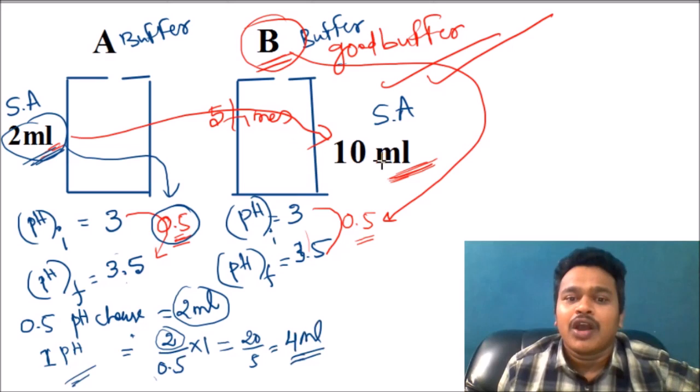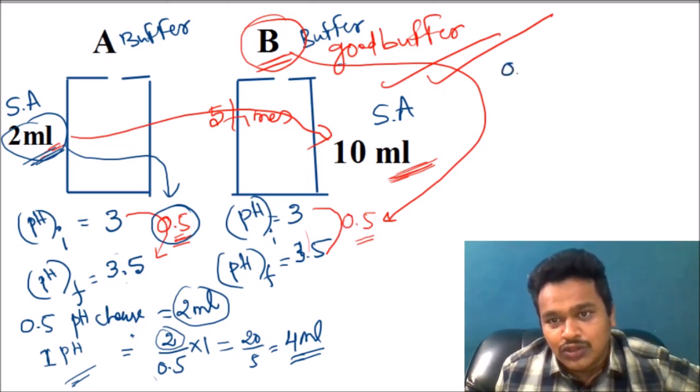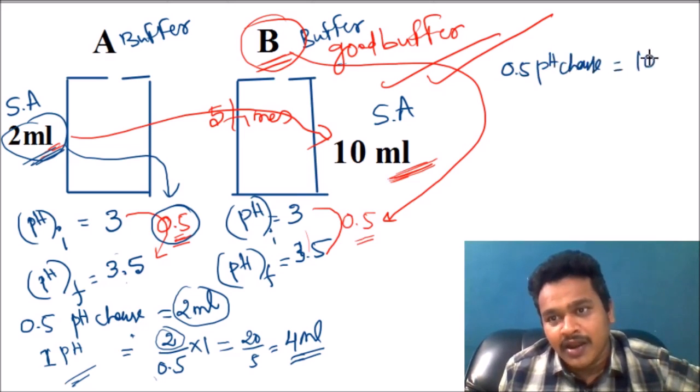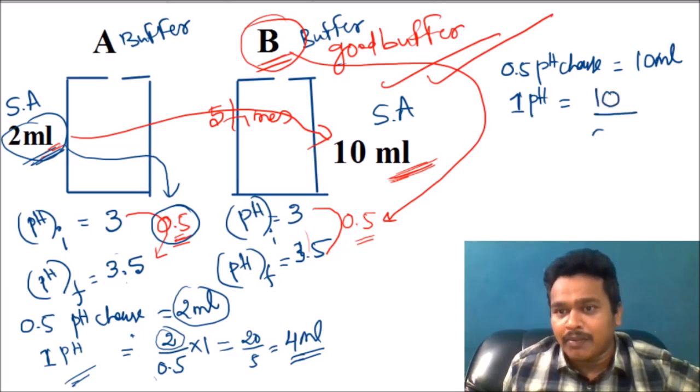Here you come. How much? 10 ml you are adding to change the pH 0.5. 3 to 3.5 means 0.5 is the change in the pH. So what will I write? 0.5 pH change, how many ml required? 10 ml required. To change the pH value by 1, how many ml required? 10 by 0.5 into 1.